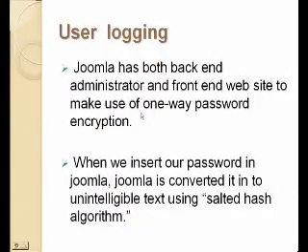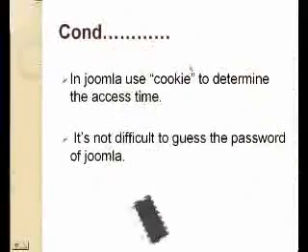User login. Joomla has both back-end administrator and front-end website making use of one-way password encryption. When we insert our password in Joomla, it is converted into unintelligible text using a salted hash algorithm.